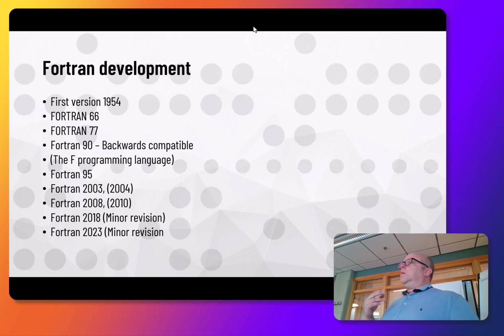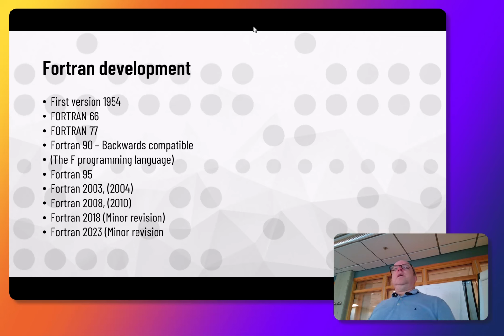It introduced free form source code, which I come to later, so you can write the code just like you do with C++. Long variable names, dynamic memory allocation, a lot of that stuff that was common in other modern languages at the time. So I would say modern Fortran starts with Fortran 90 and above.